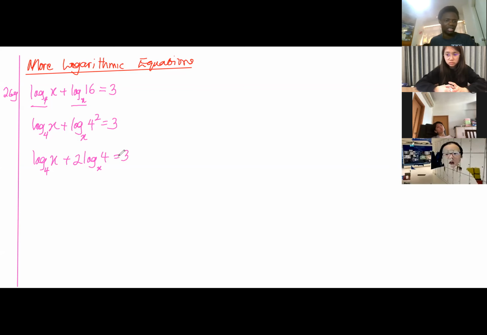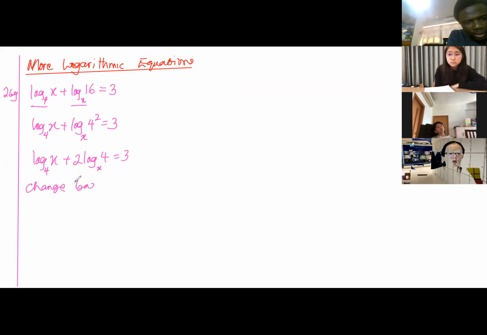But even like this, it still doesn't look nice because the bases are different. And even now you have 2 at the back, so even if the bases are the same, you can't multiply them anymore. So what you will do is rewrite the first one, or maybe the second one. You have 2 ways.